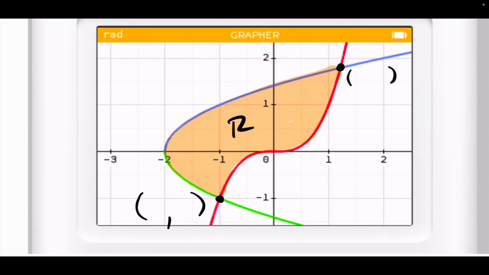The top looks like it's 1 point something, comma 1 point something. Don't really know what that is. The bottom looks like it's -1, -1. We can check both of them. It takes us about 15 seconds. No need to guess. So let's go back and check.